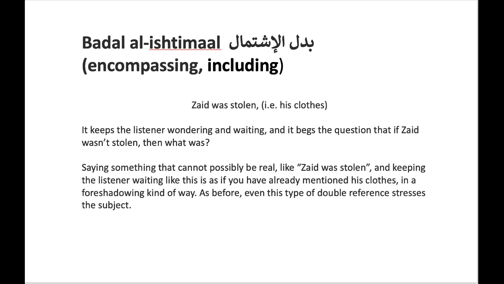The last example of Badal. Badal al-Ishtimal. The meaning is encompassing, including. For example, Zaid was stolen. Okay? Zaid was stolen. And this is interesting. When you say Zaid was stolen, the verb stolen cannot actually occur on Zaid in a literal way.